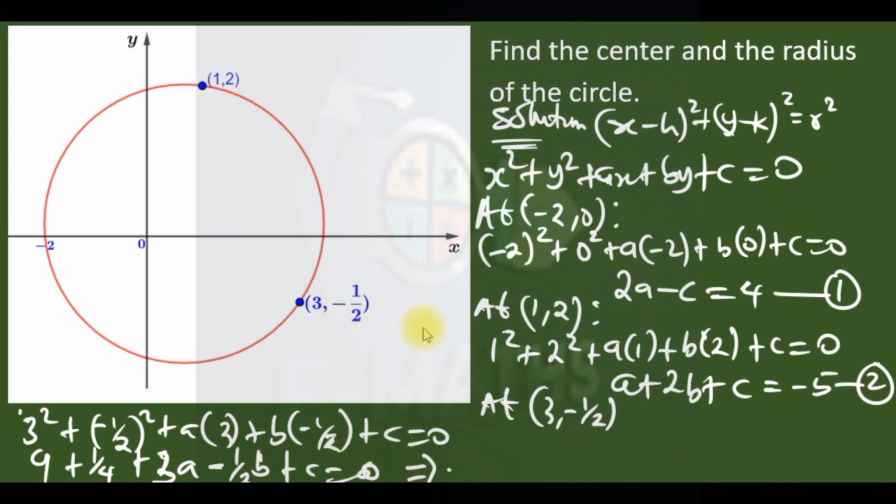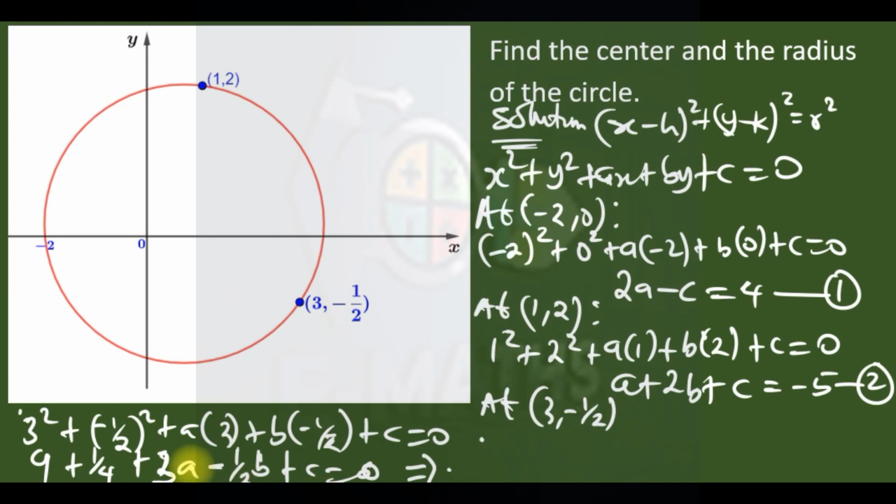So we'll clear the denominator. The LCM of 4 and 2 is 4. 4 times 9 is 36. So 36 plus 1 is 37.